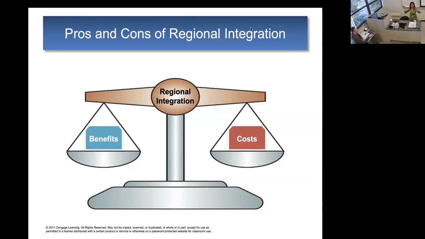Similar to free trade in general, all of a sudden you have a bigger market, you have a bigger pool of employees to pull from, and quality of life can improve in the member countries if the agreements are fair or advantageous for all countries. It doesn't always look equal, but overall it's an improvement, right?